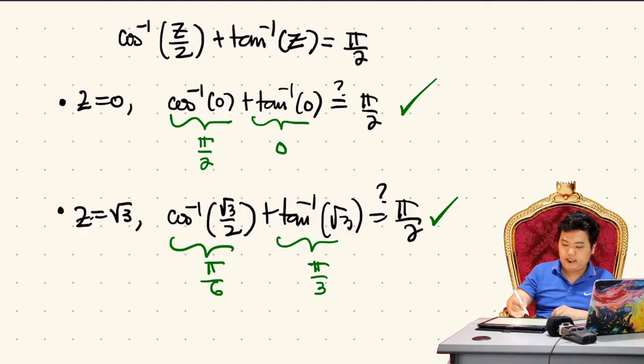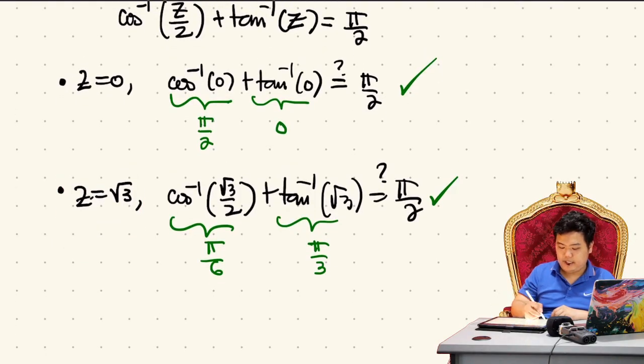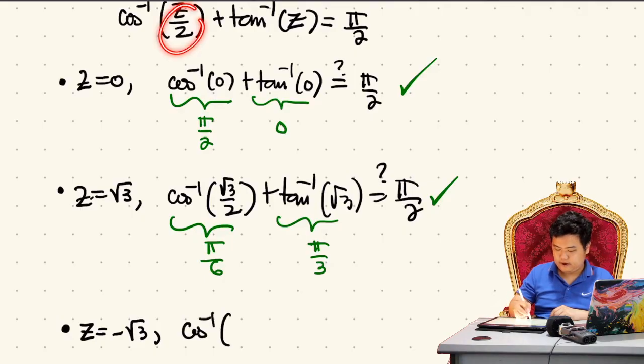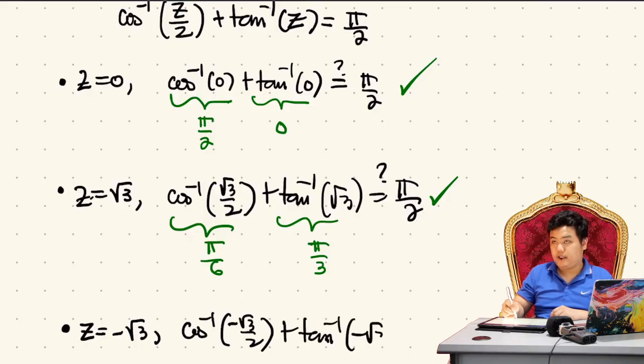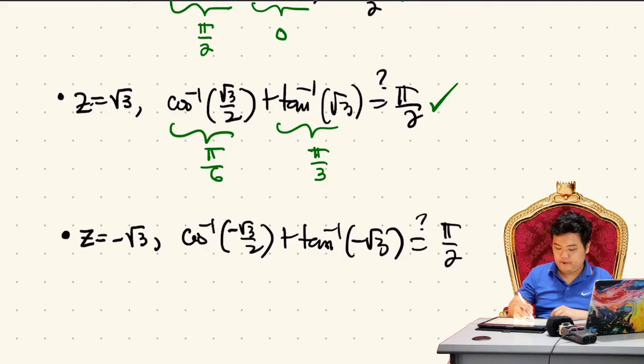And finally, when z is negative square root of 3, so cosine inverse, lagay dito, plus tangent inverse negative square root of 3, is it equal to pi over 2? Okay, so this one is 5 pi over 6.